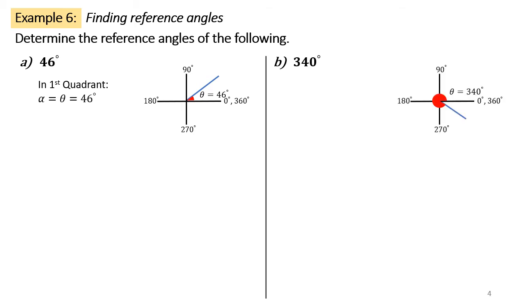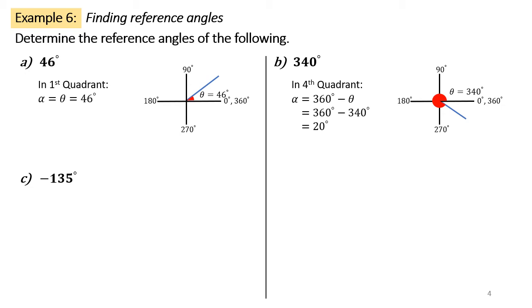When we draw the diagram, we know that theta will be in the fourth quadrant. And to find alpha, the formula for the fourth quadrant is alpha is equal to 360 minus theta. So we get 360 degrees minus 340 degrees. So the answer for alpha is 20.